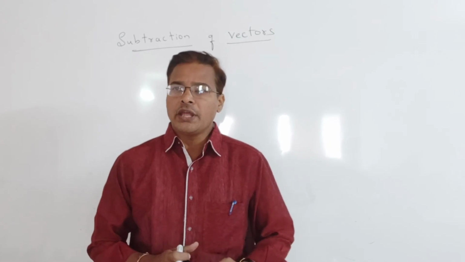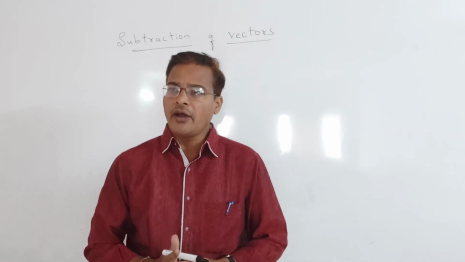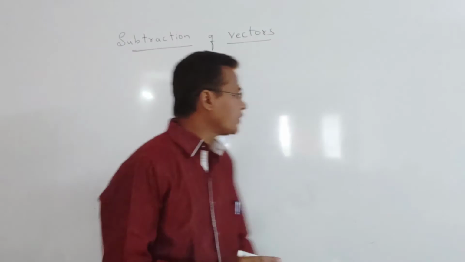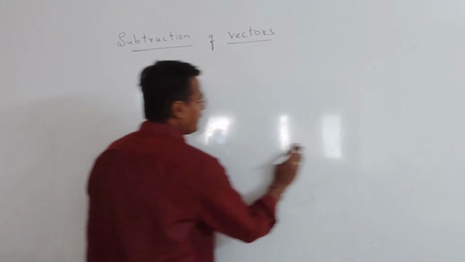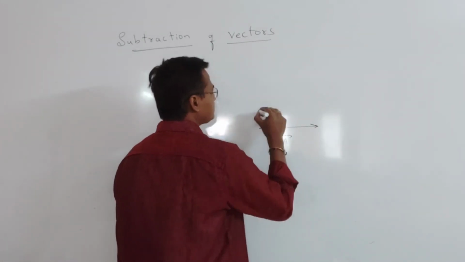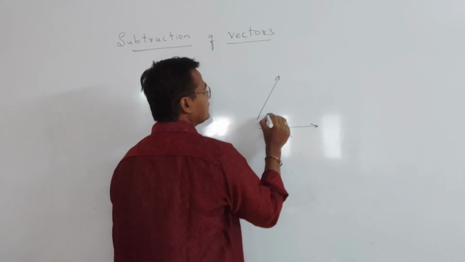As we know, we have added two vectors, for example the triangle of vector addition. This is the A vector and this is the B vector.